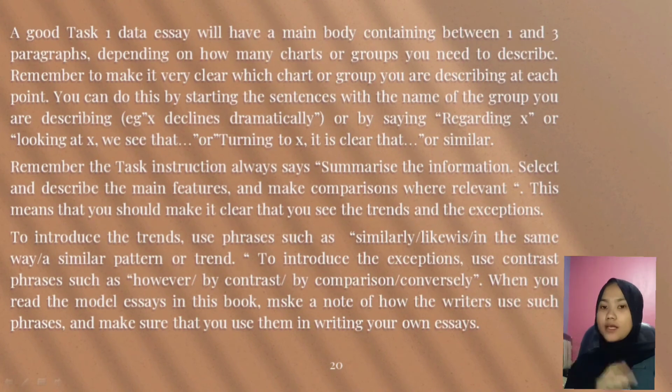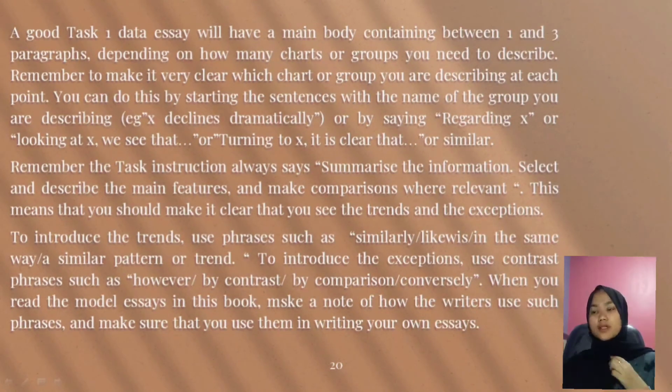A good Task 1 data essay will have a main body containing between 1 and 3 paragraphs, depending on how many charts or groups you need to describe. Remember to make it very clear which chart or group you are describing at each point.